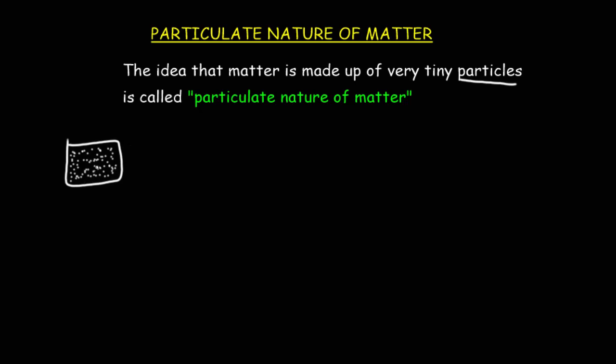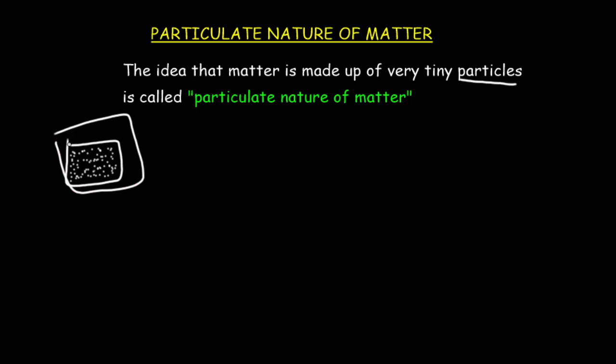You can also take a look at a liquid like water. A liquid like water also came about as a result of tiny substances, which are called particles, coming together to form the liquid. And they mostly come about to form the solid or liquid by arrangement.